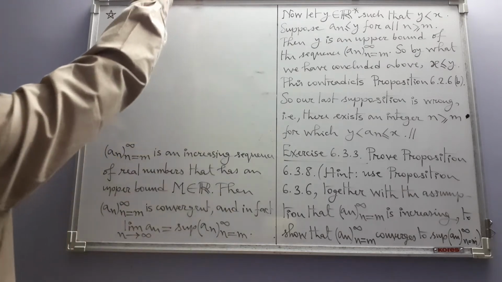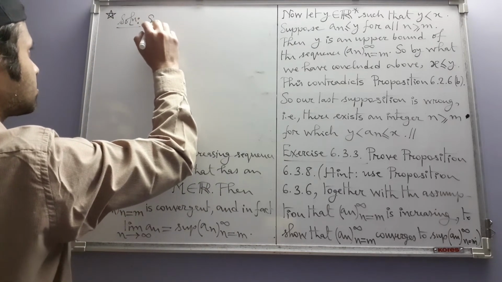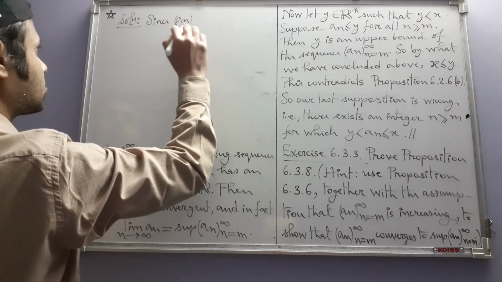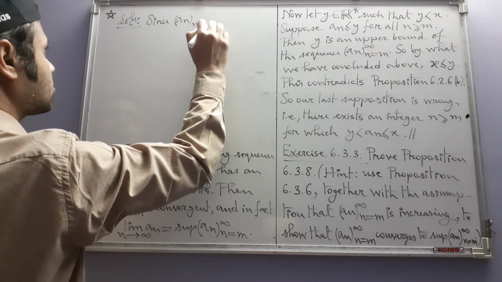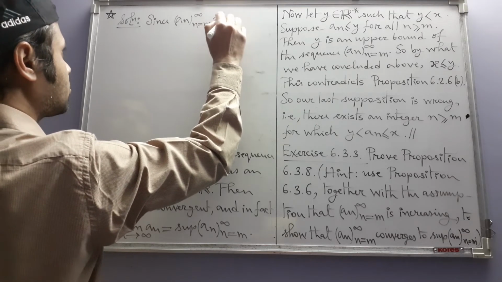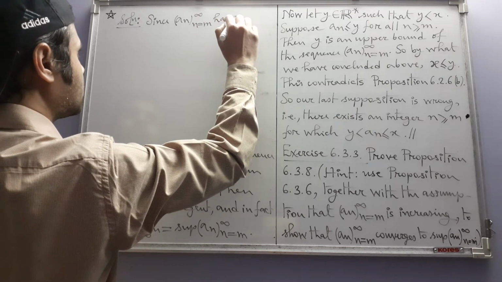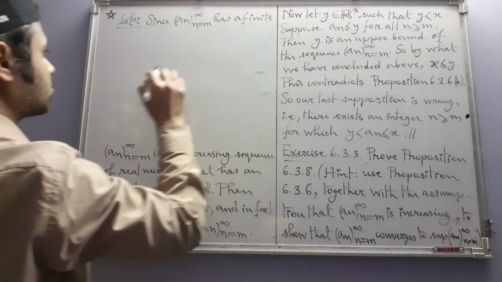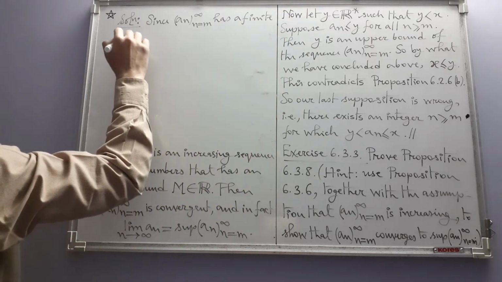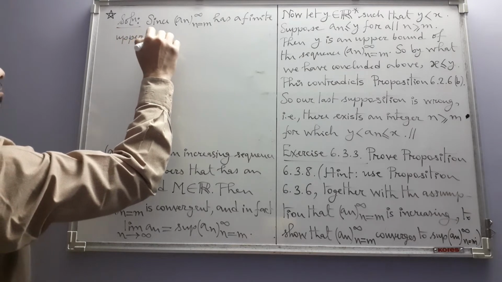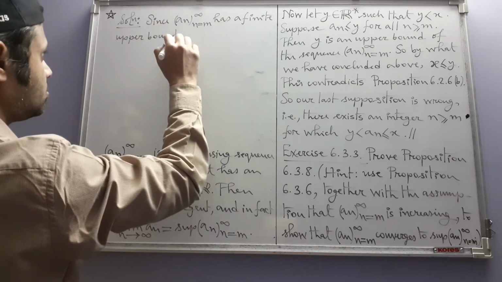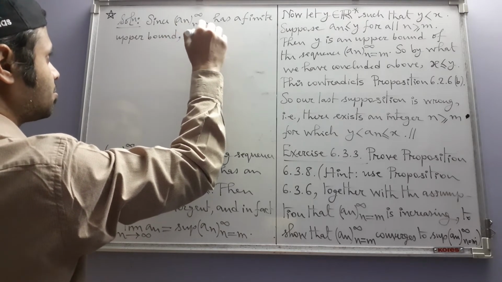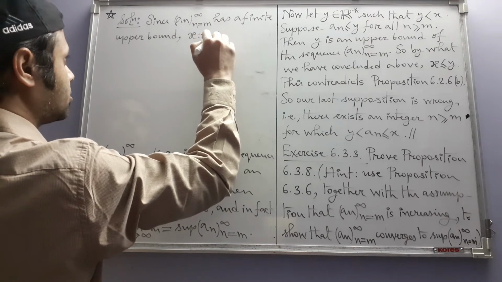Okay, so we now need to prove this. So let us start the solution. Since the sequence has a finite upper bound, let us denote the supremum by something, x, say.